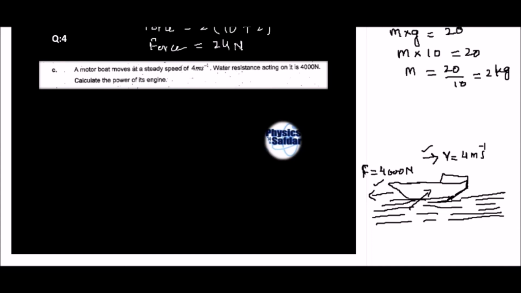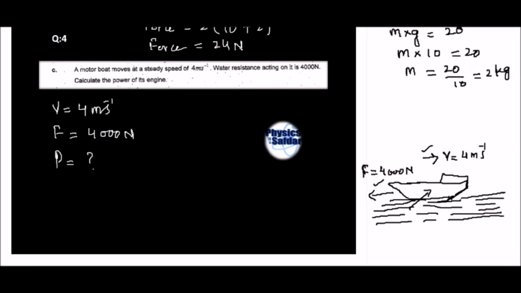First, write information given and required. So we have the steady speed of the boat, that is 4 meter per second. The resistance of water 4000 Newton. And we need to calculate power of the engine.